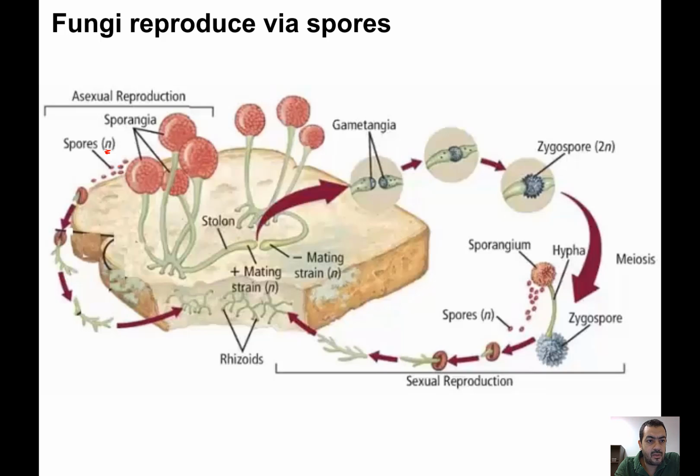What will happen? They are carried by structures called sporangia. So each of these structures is called a sporangium, and the plural form of them is sporangia. And these sporangia carry the spores. As we'll see in the next slide, we call these spores conidia.